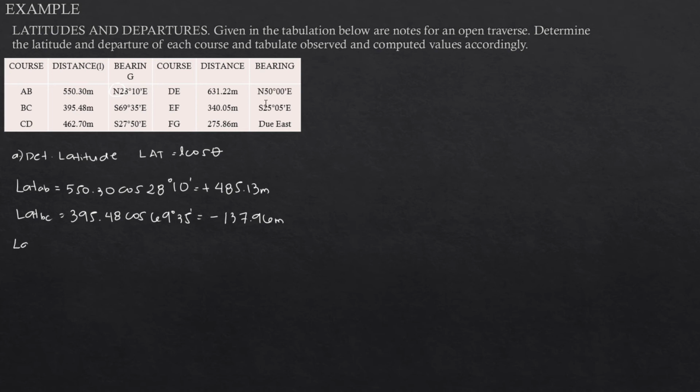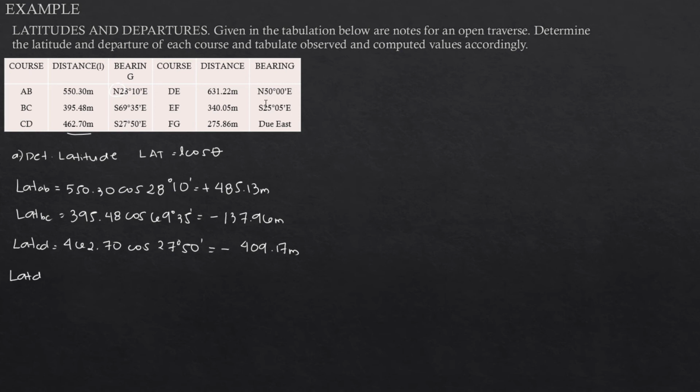So, latitude CD. So, meron tayong given distance na 462.70 times cos, meron tayong bearing, south. So, meron tayong 27 degrees 50 minutes. So, negative is equal to 409.17 meters.